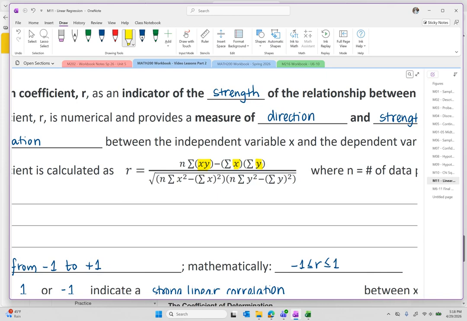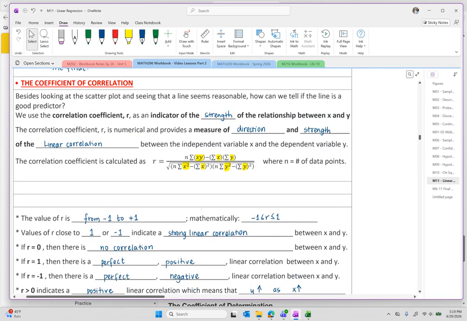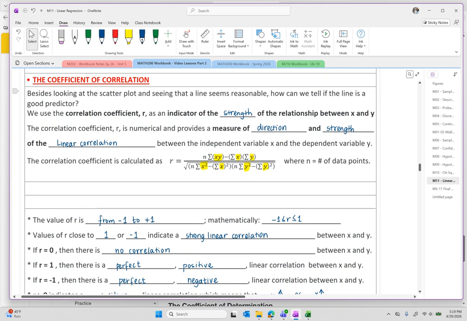Each quantity is n times the sum of the squares of X, minus the sum of X, that sum squared, and a similar quantity for Y: n times the sum of the squares of the Y's minus the sum of the Y's, squared. N is the size of your sample, or the number of data points. You should have n X's with n Y's.